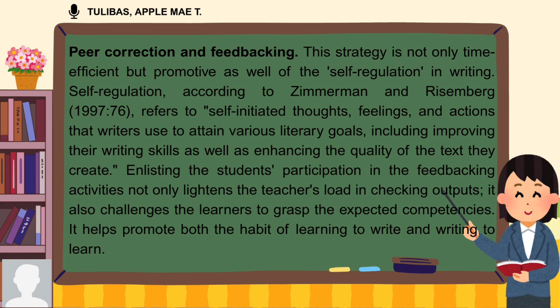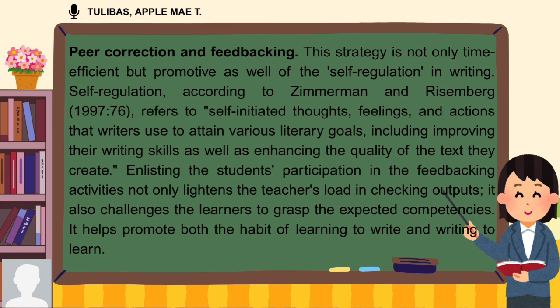How does peer feedback help with this? When we read and respond to each other's work, we become more aware of what makes writing effective. We learn from the strengths and mistakes of others, and we begin to notice those things in our own work. This process helps us write not just because we have to, but because we learn through it.